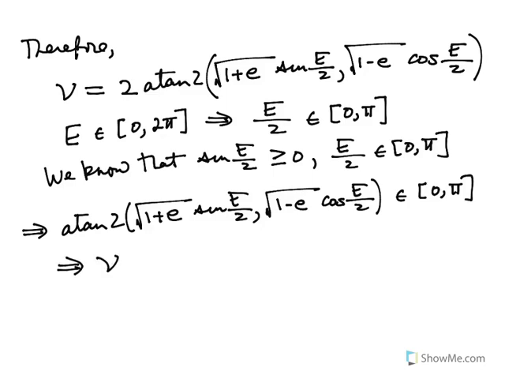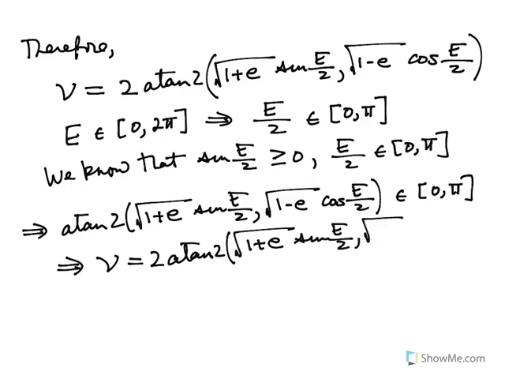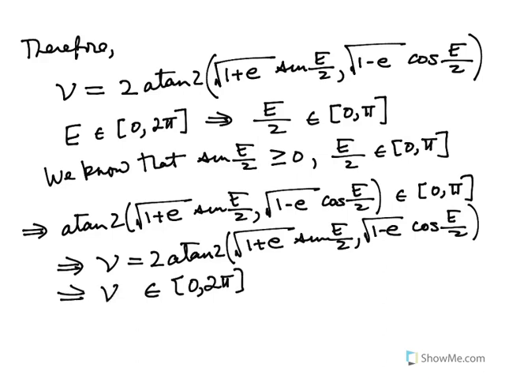So that implies that nu, which is equal to 2 times the four-quadrant inverse tangent of the square root of 1 plus e times the sine of E over 2, and the square root of 1 minus e times the cosine of E over 2, will actually be on the interval from 0 to 2 pi. So we wind up with the correct quadrant.